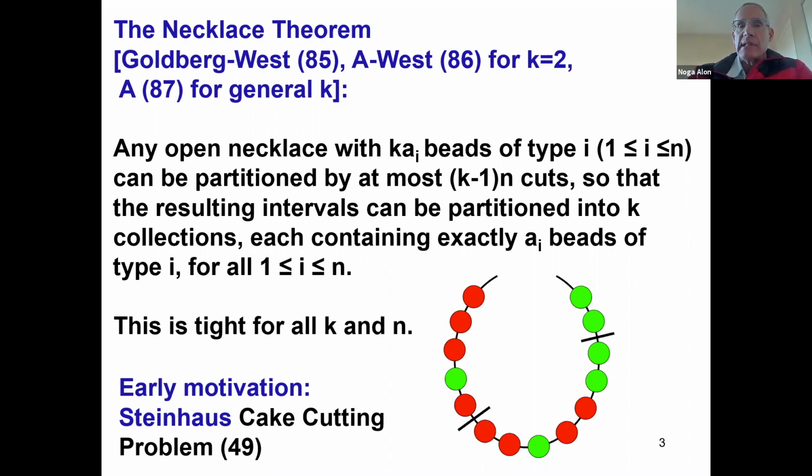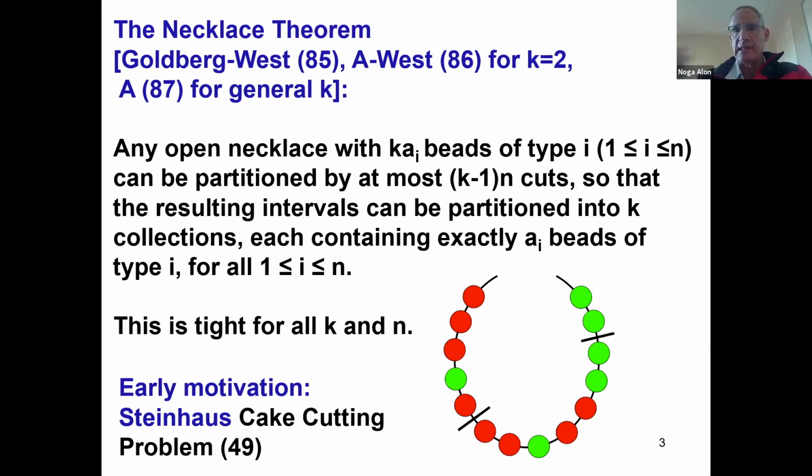They want each of them to get the same number of beads of each type, so the same number of diamonds and rubies and sapphires and so on. And they want to do it by a small number of cuts, because maybe the wire is expensive, or maybe it's hard to make a cut. So the claim is that they can always make (k minus 1) times n cuts and distribute the intervals fairly.